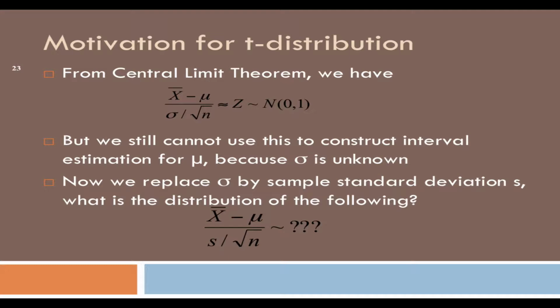Given the mu and the standard error, we get x bar minus mu over the standard error. This is a standardization. The result from that should be z, which is a standard normal distribution, right? So this part is from the central limit theorem.